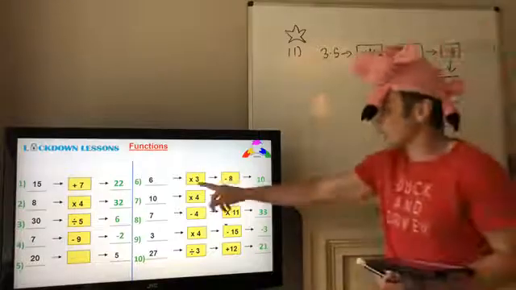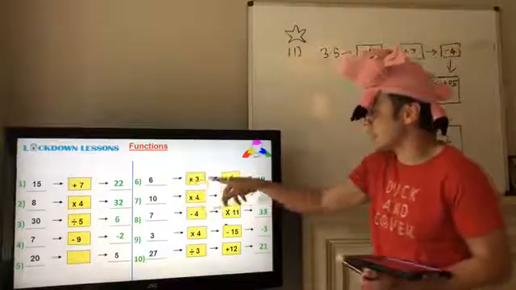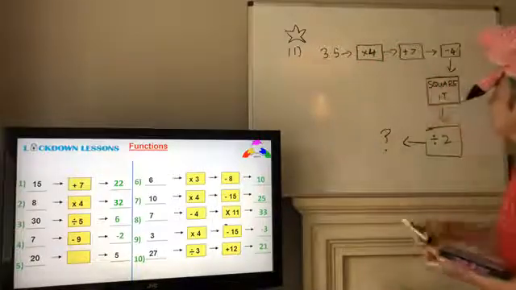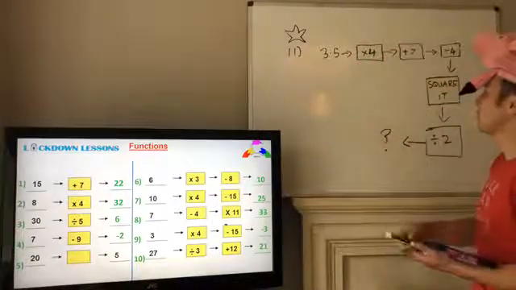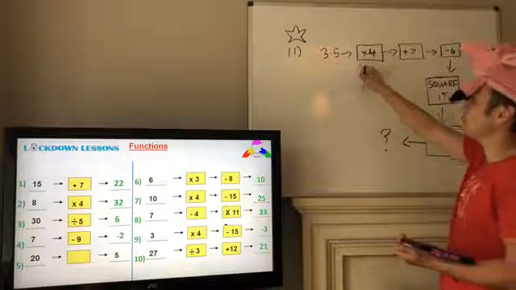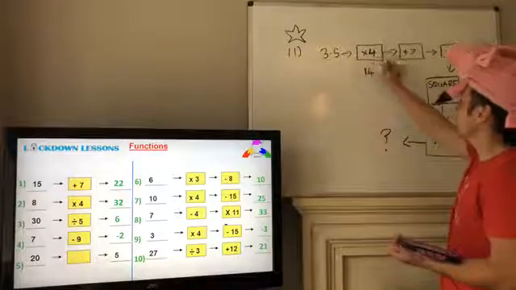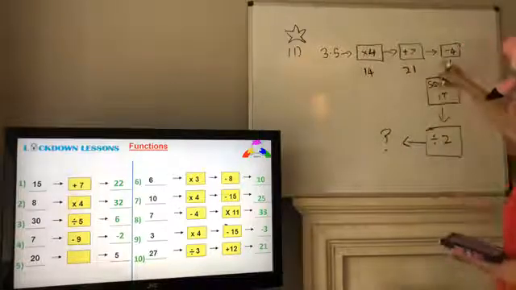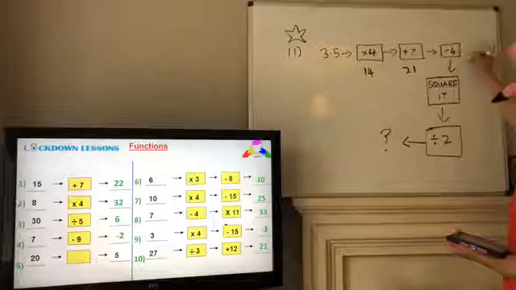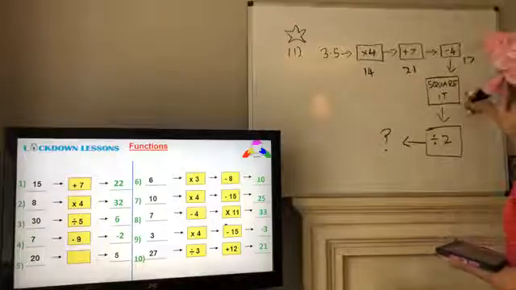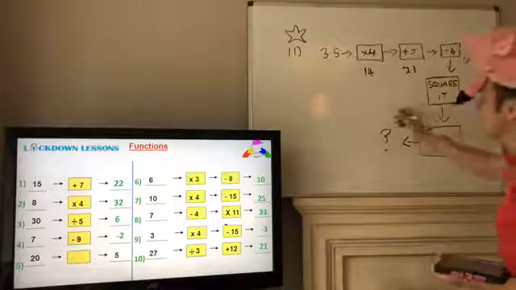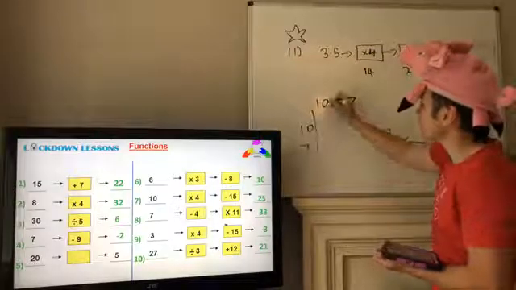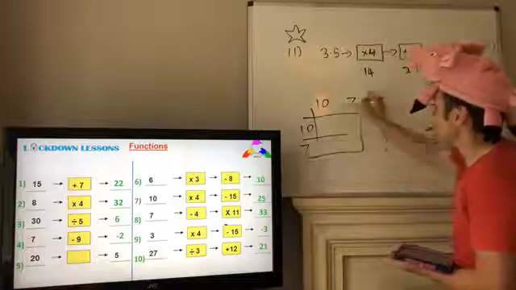It helps to work out this bit, write it out first. 6 times 3 is 18, write the 18 down and take away 8. For this one, a really long function, sorry I did say times 3 before, but times 4, 4 times 3.5 is 14. We're then going to add 7 to it, which is 21. We're then going to take away 4, which is 17. If you square 17, you're doing 17 times 17, which you should be using some sort of grid method for.